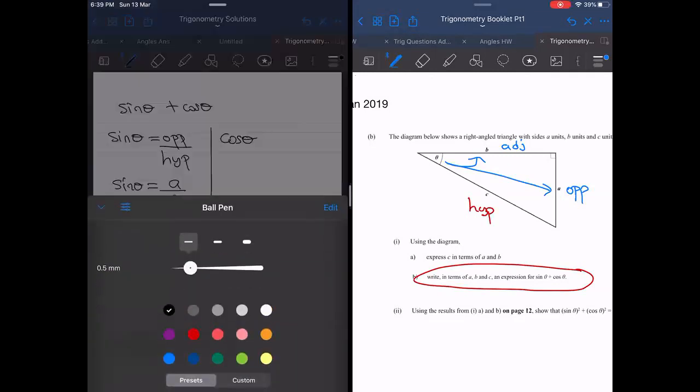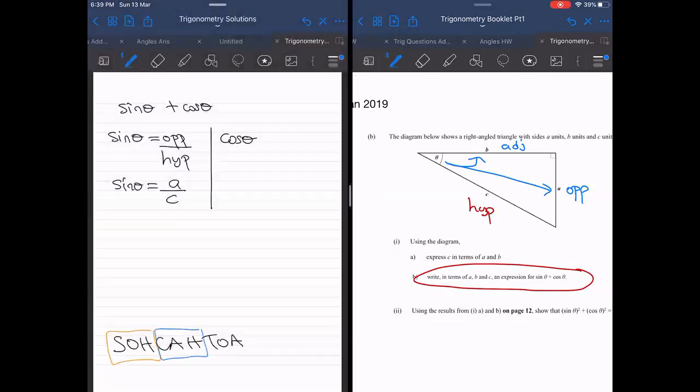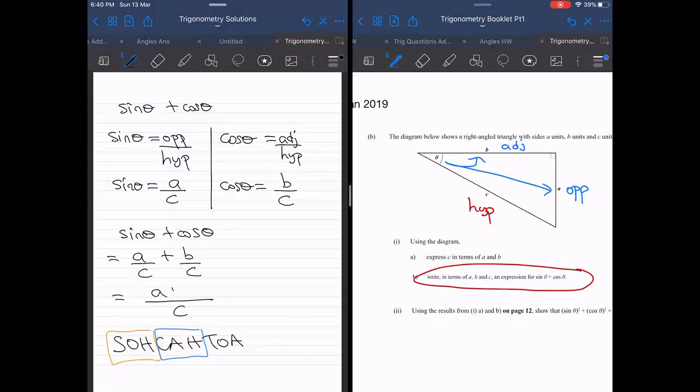And at the same time, cos theta is the adjacent over the hypotenuse. So this is telling us that cos theta is B over C. So if I'm supposed to put it together, sin theta plus cos theta is really A over C plus B over C. And if you wanted to, since it's a fraction and they both have the same denominator, you can go ahead and add the numerators.